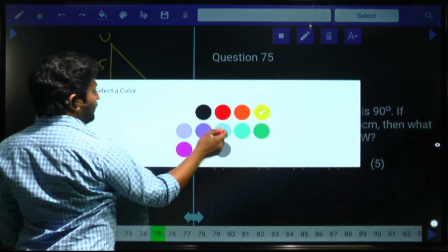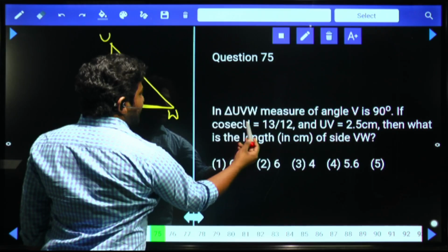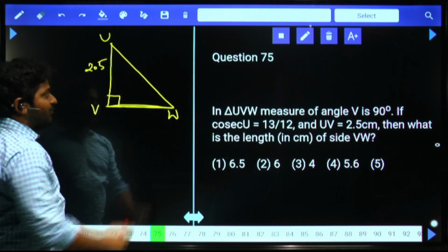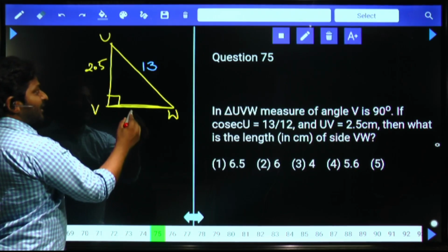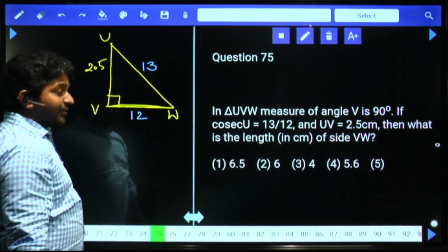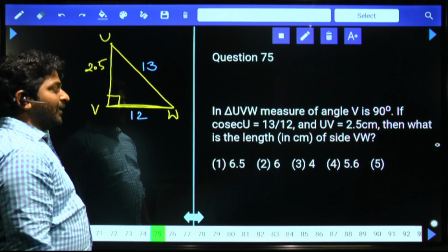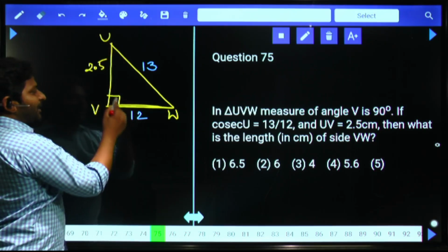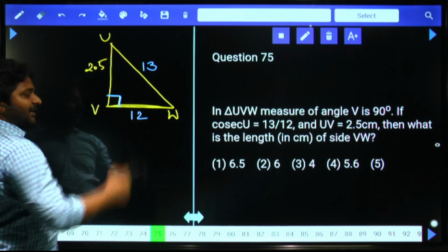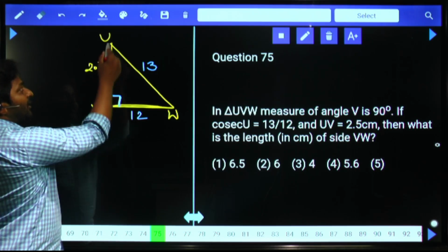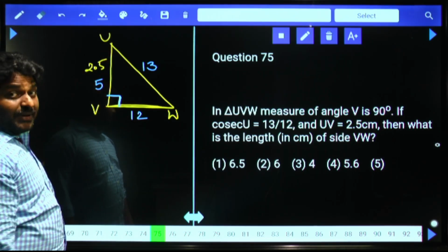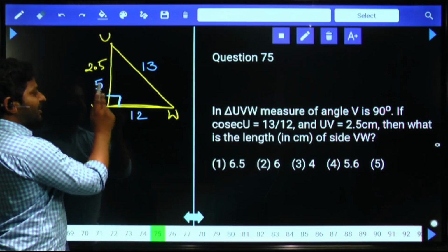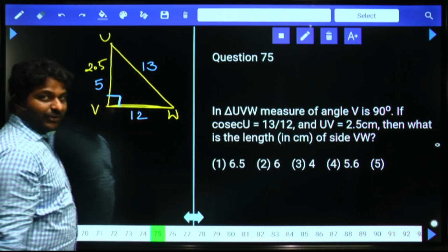Okay. Now you are given cosecant U is equal to 13 by 12. So hypotenuse 13, adjacent side 12. Now Pythagoras triplet, because the right angle is here, UV opposite side should be 5. Then only 5 square plus 12 square will be equal to 13 square.